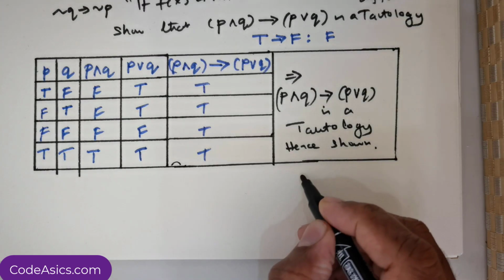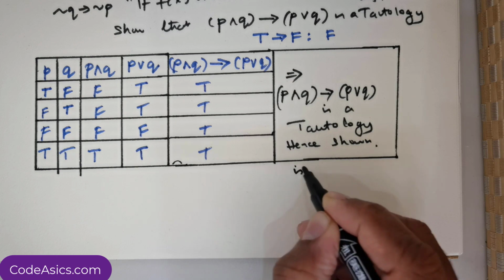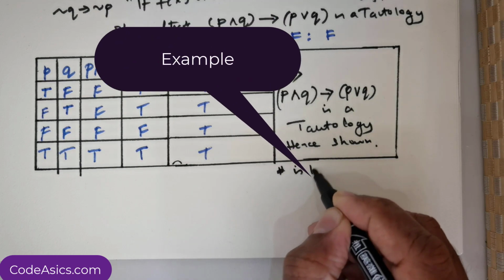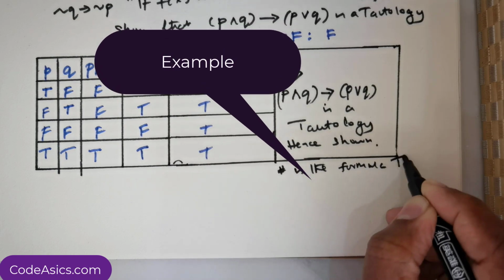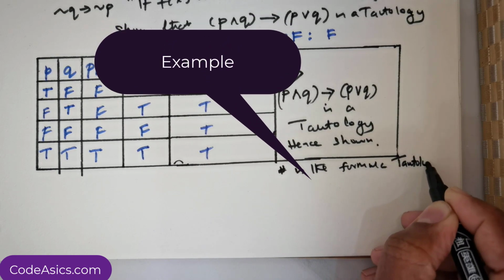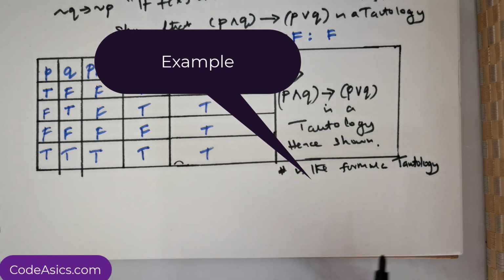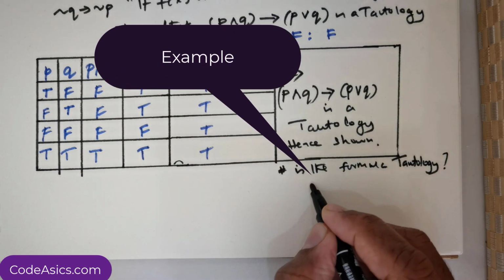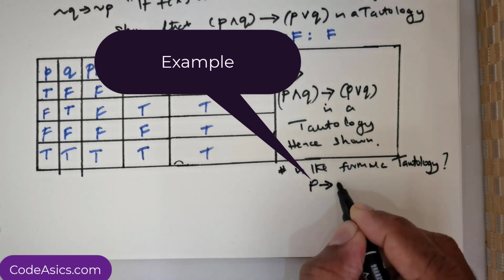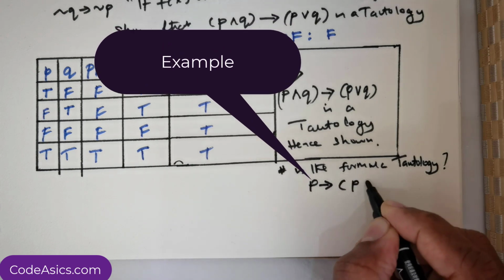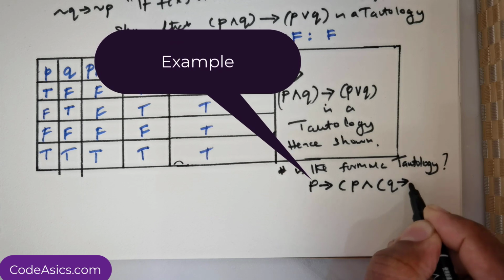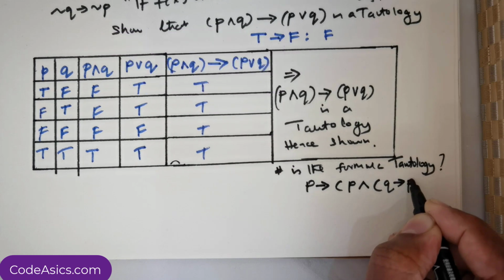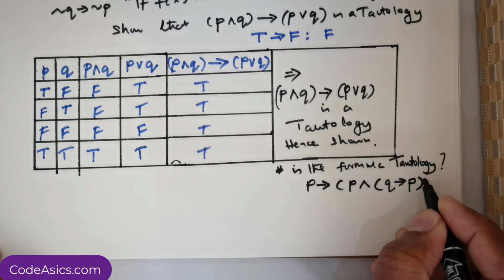So we got a question. Is the formula a tautology? They're asking us this question. So what is the formula given? P conditional, P conjunction Q conditional P. So there's a converse there.